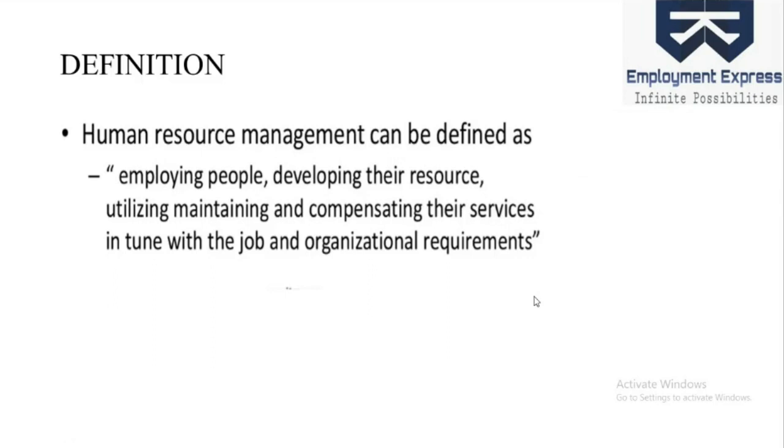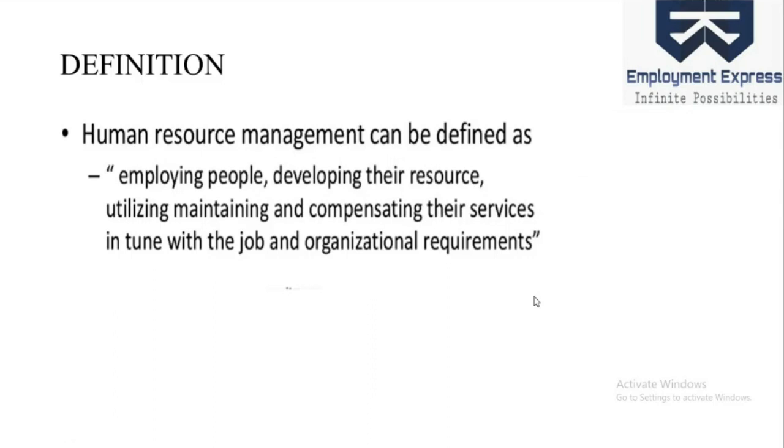After all this, we develop them as a resource, so that they can work for us and for our company also. So that we use their services in tune with their professions and what they want to do, and at the end, everything is related to organizational requirements.